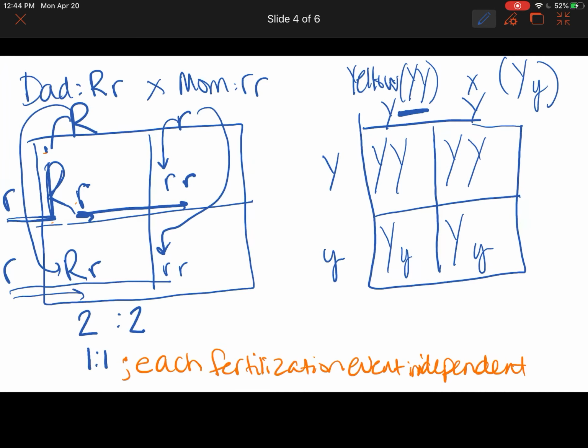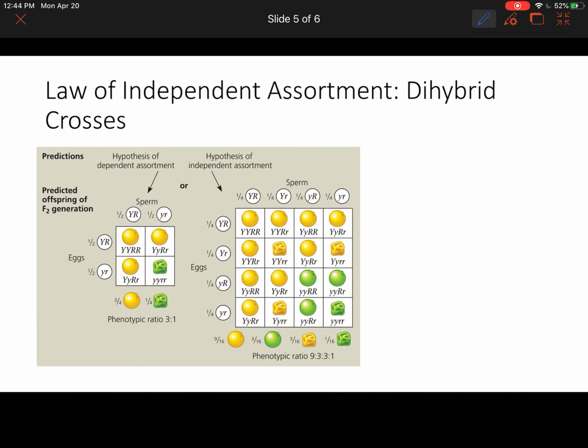So every offspring is going to get at least 1 big Y. Well, if every offspring has at least 1 big Y, then the dominant phenotype is going to be expressed. Okay, so we're going to have 100% of these offspring be yellow.